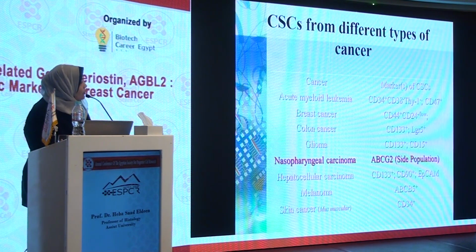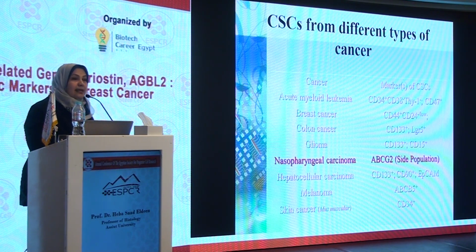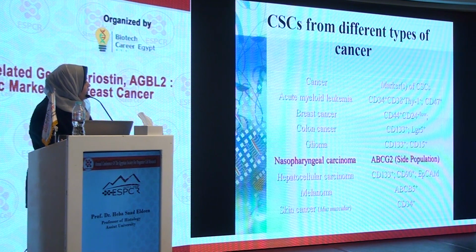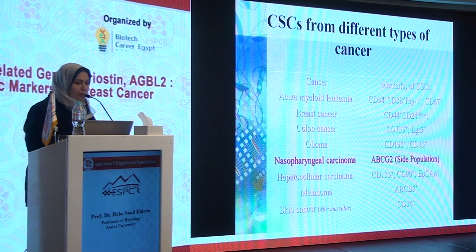As regards the different types of cancer, what about the cancer stem cell? Is it the same for markers in different types of tissue? The answer is no. Actually, there are different examples of cancer: acute myeloid leukemia, breast cancer, colon cancer, gliomas, nasopharyngeal carcinoma, and so on. So a panel of markers is completely different.